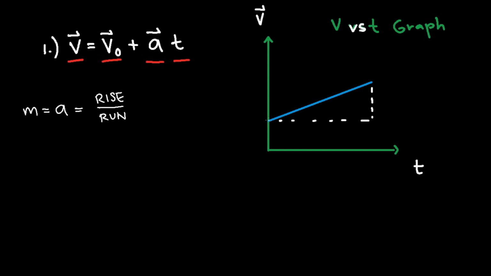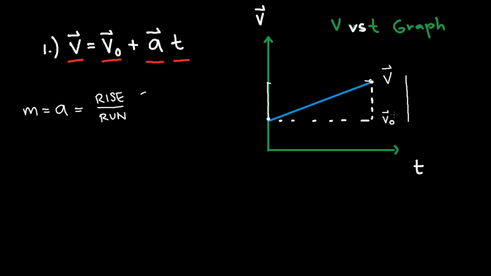So therefore kani from here padulong dire taman dire. So therefore ang rise is kani nga point v, this is final velocity. Tapos kani dire, this is the initial velocity. So therefore, ang rise kani is kani ra nga part.